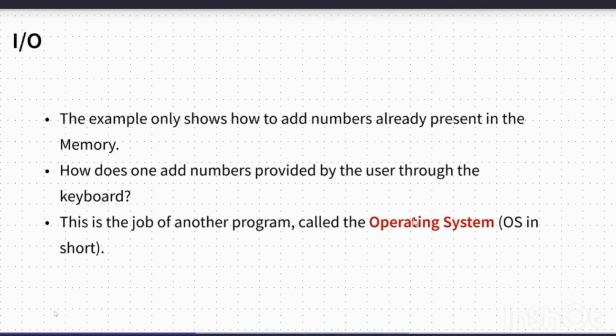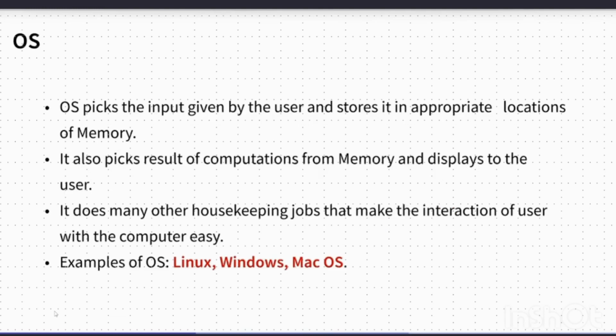Now let us see what an operating system is. The above example only shows how to add numbers already present in the memory. How does one add numbers provided by the user through the keyboard? This is the job of another program called the operating system, or OS in short.